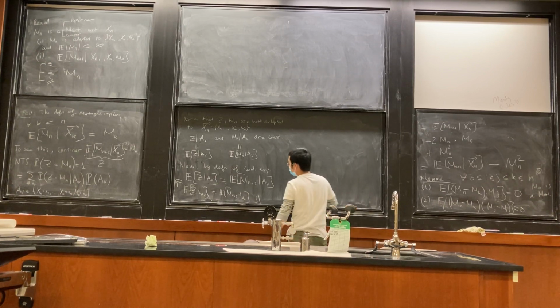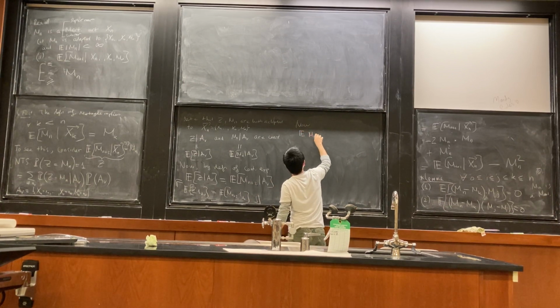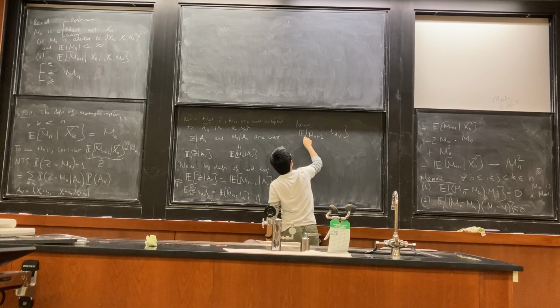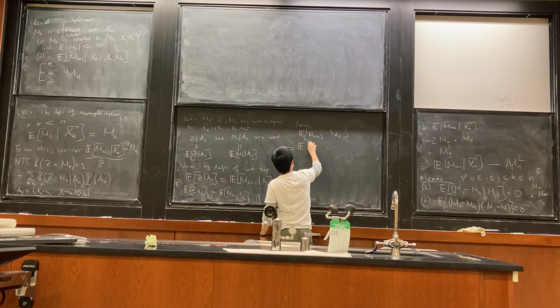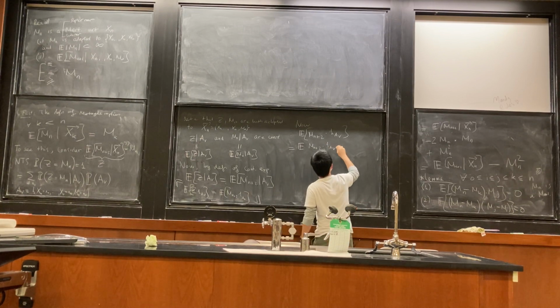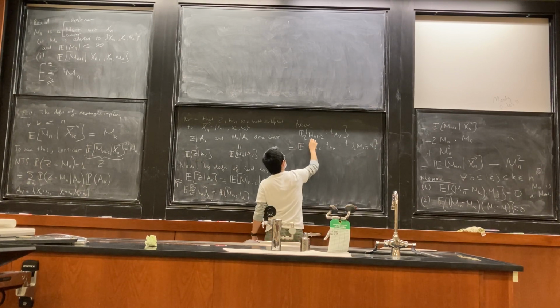So now I have to look at this. Now, the expected value of Mn plus 2, 1AB. This is equal to Mn plus 2, 1AB times the indicator of the event Mn plus 1 is equal to, let me call it Y here, alright?